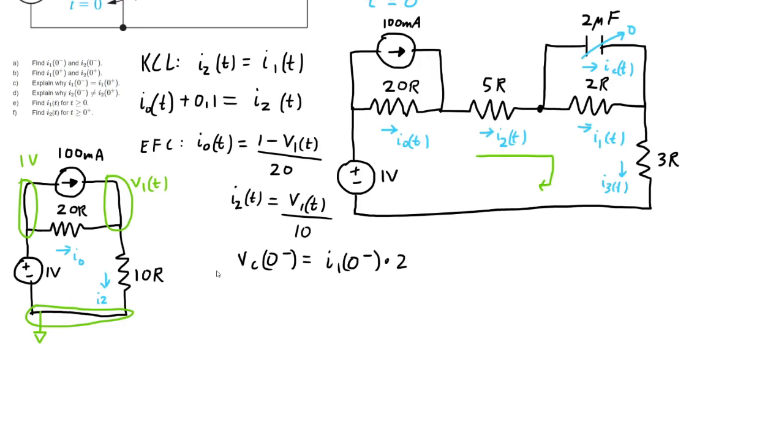So let's go ahead and I'll use the second KCL, 1 minus V1t over 20 plus 100 milliamps equals I2t, which is V1t over 20. I should actually say that it's 0. Let's just leave it as V1 for now. This is 0 minus.